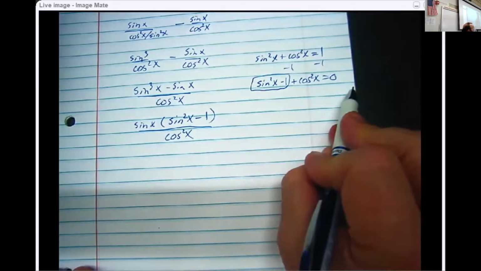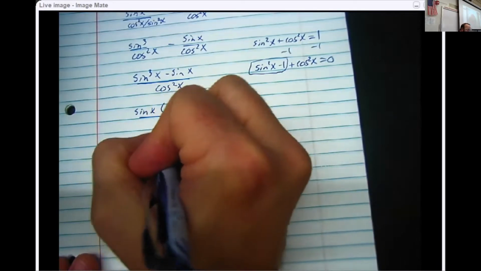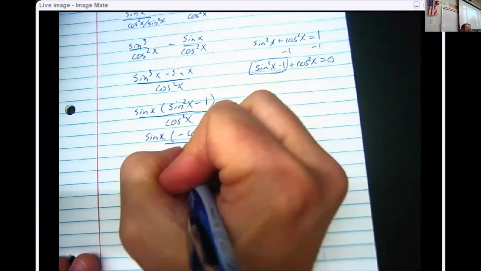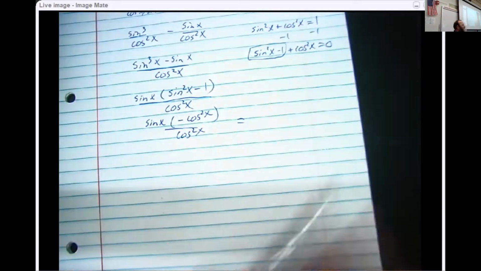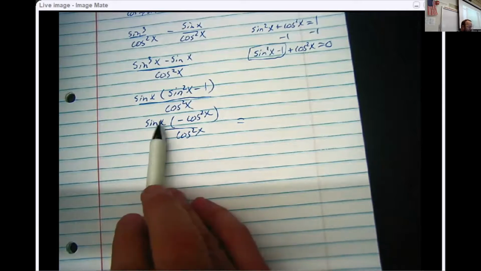Don't I have to subtract it to the other side? What does that make it then, everybody? Isn't that negative? So here's the deal. This is sine x, this is negative cosine squared, this is cosine squared. What's left, everybody? What happens to those cosines? They're going to cancel, aren't they? What's left? The sine, and what else?